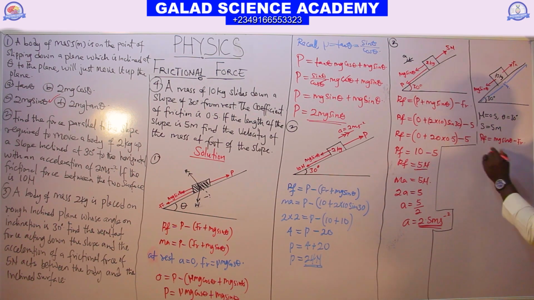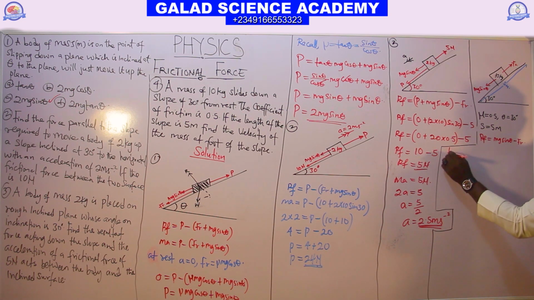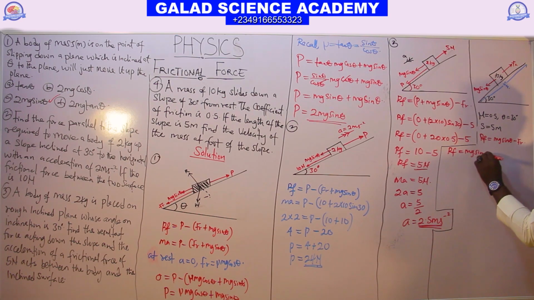Since they don't give us the frictional force, the resultant force is mg sin theta minus mu mg cos theta.